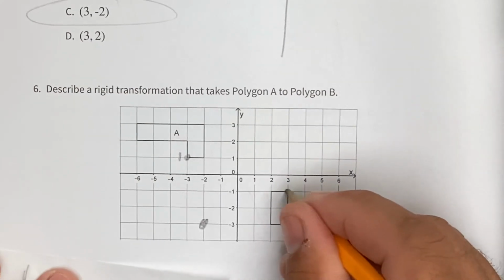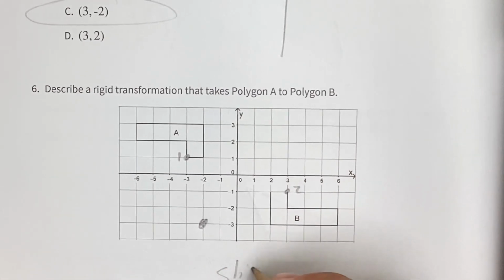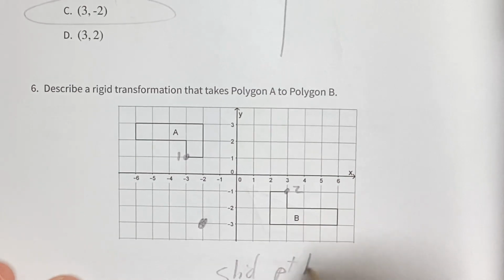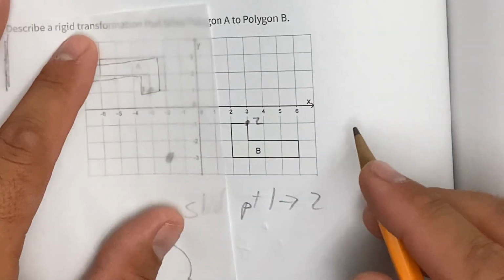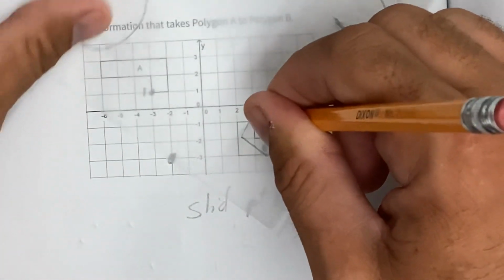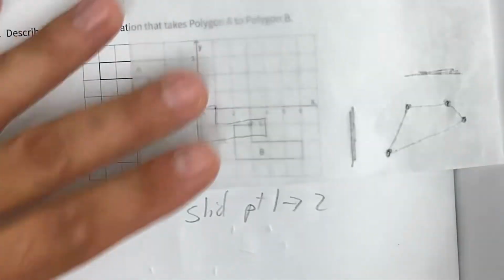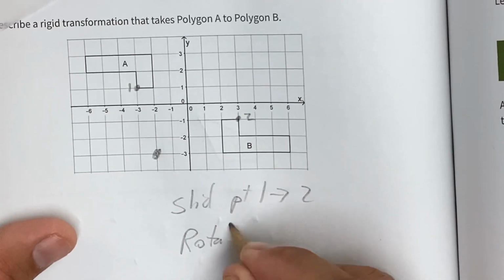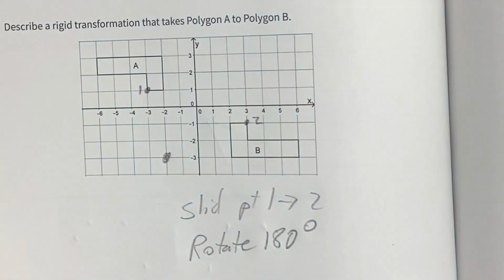And I'm going to take that to point 2. So I'm going to slide point 1 to 2. So from here to here. And then I'm going to rotate 180 degrees. Don't have to say which direction because it's 180.